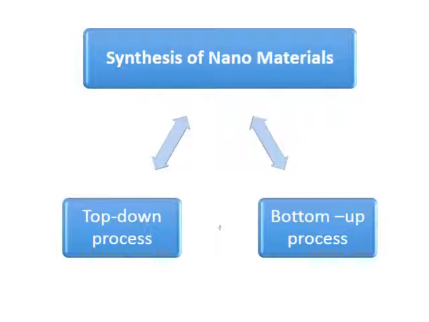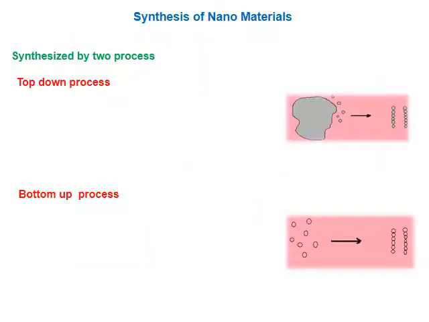Under this consideration, a nanomaterial can be synthesized or produced by two different approaches. They are the top-down process and the bottom-up process.